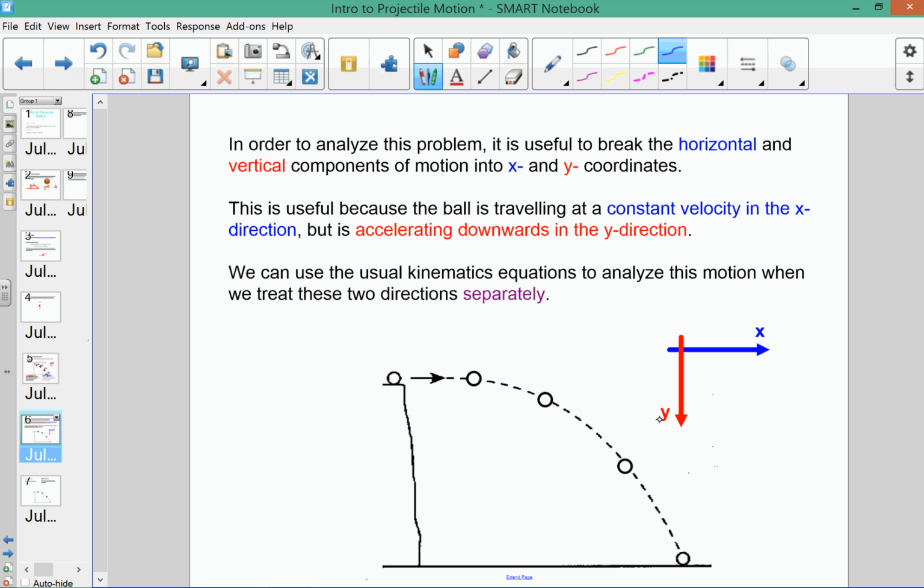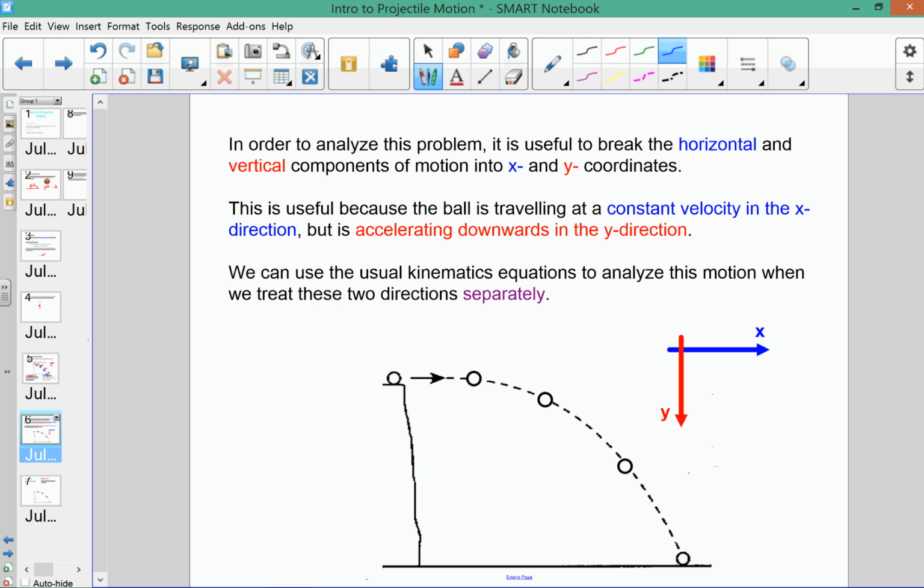Y is going to represent our vertical direction, and x is going to represent our horizontal direction. This is useful because in the horizontal x direction, the object is traveling at a constant velocity, whereas in the y direction, the vertical direction, the object is always going to be accelerating downwards due to gravity.